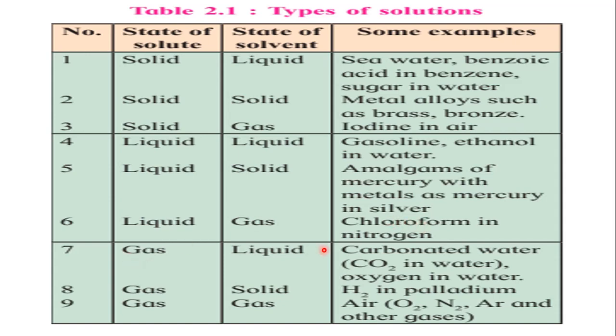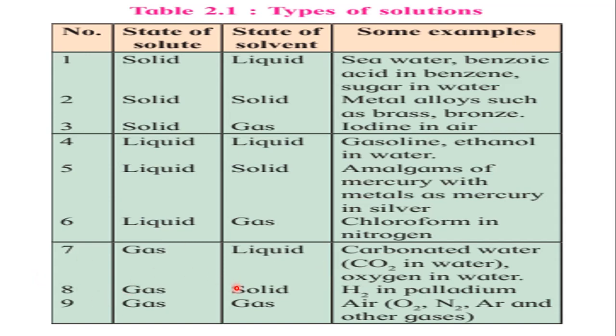Then gas in liquid, any carbonated water. Carbon dioxide is present in water. Therefore, gas in liquid, larger quantity is in a liquid state. Therefore, appears in a liquid state. Oxygen in water. Oxygen is dissolved in water. So, oxygen is a gas. It is dissolved in water. So, gas in liquid type of solution.